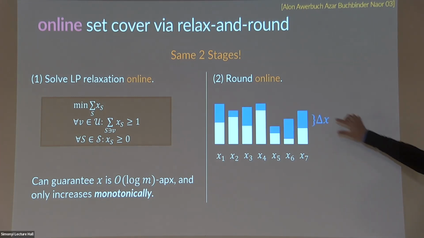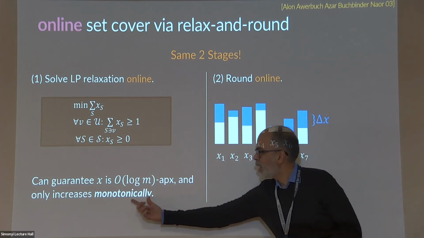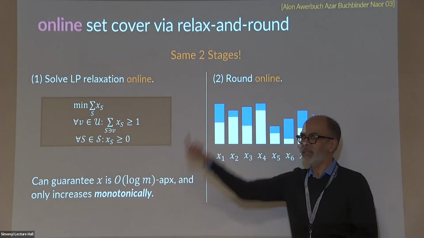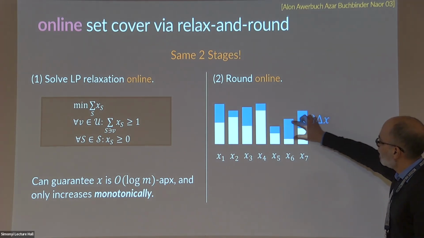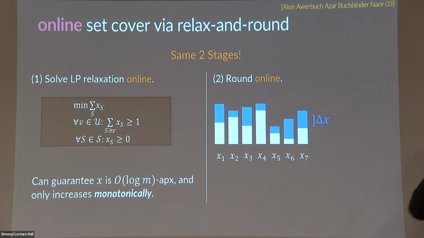At every step, it says, oh, the solution increased by so much. So here we will make sure that the X values only increase. And here in the rounding, we'll make sure that in the ith round, we'll round proportional to the changes. And if you're not seeing all the details, don't worry, you're not meant to see all the details. Right?